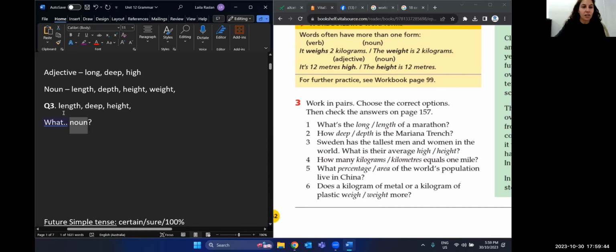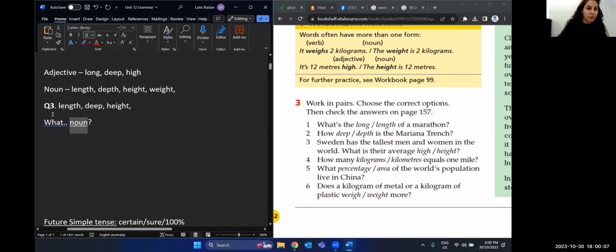So it's the same as what length is the oval, or what length is the table? What height is your sister? What weight do you want to be? So with the what questions, use the noun.